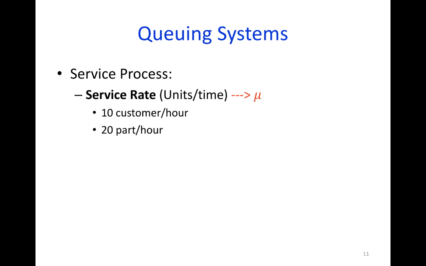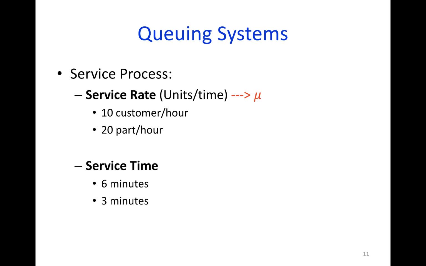One way is to provide the service rate, which shows how many customers or parts can get service and leave in a unit of time: per hour, per minute, per second, per day, and so forth. So every time the service process is given to you as units of customers or parts per unit of time, that's the service rate, and in queuing theory it is usually shown by the Greek letter mu.